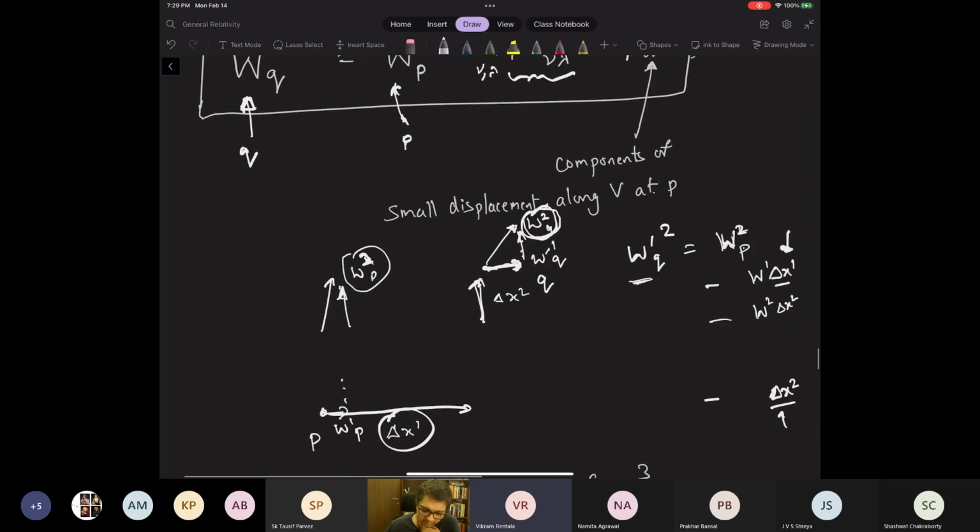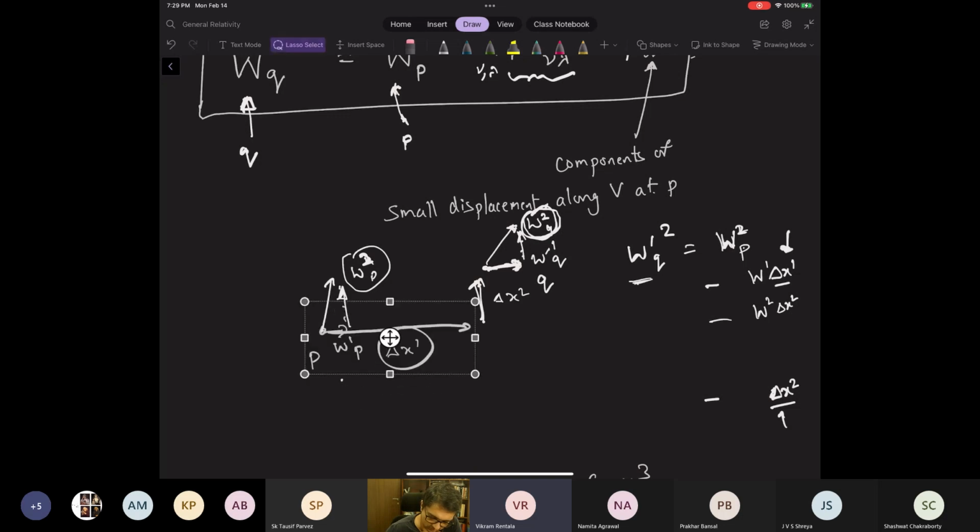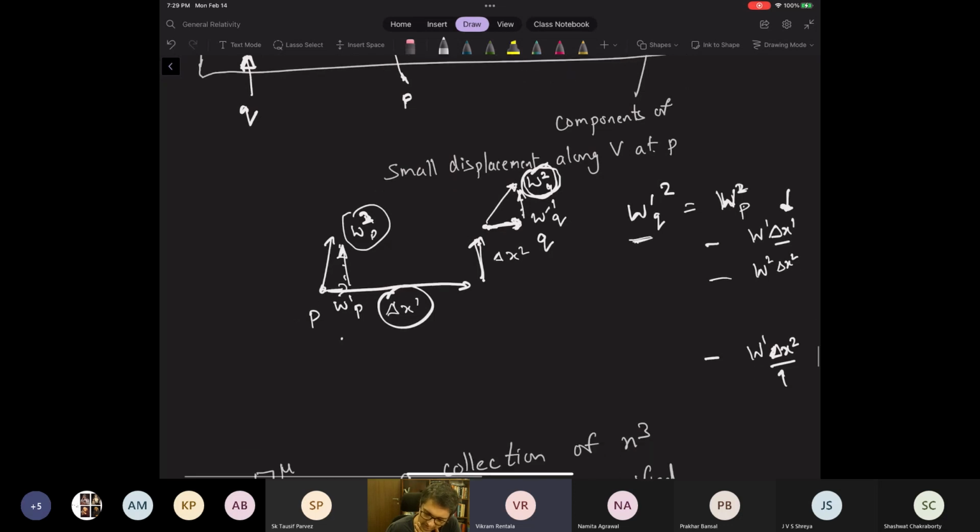In general, we need a coefficient, and this displacement can be proportional to W1 and can also be proportional to W2. So you have four terms now, assuming this is a 2D manifold.